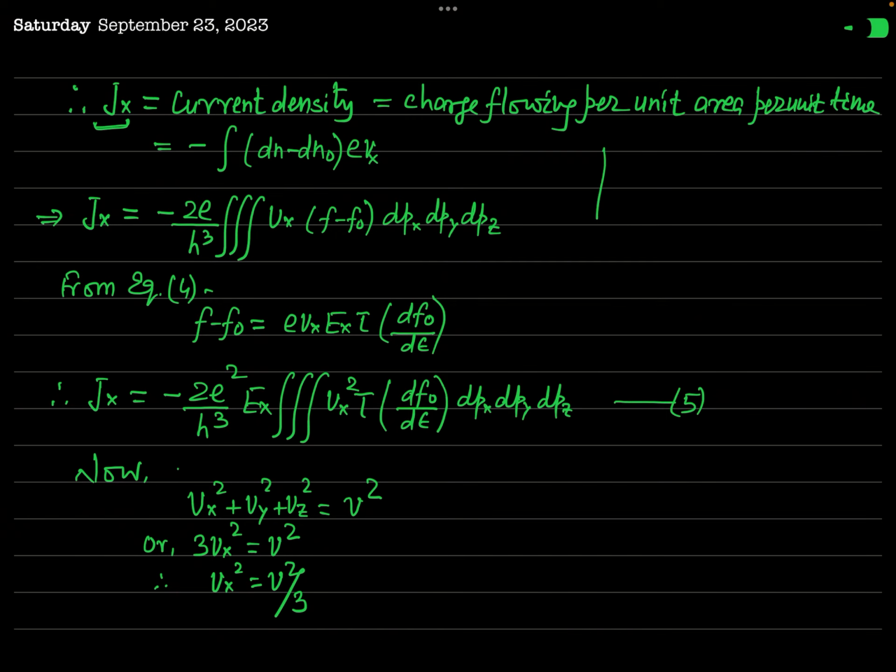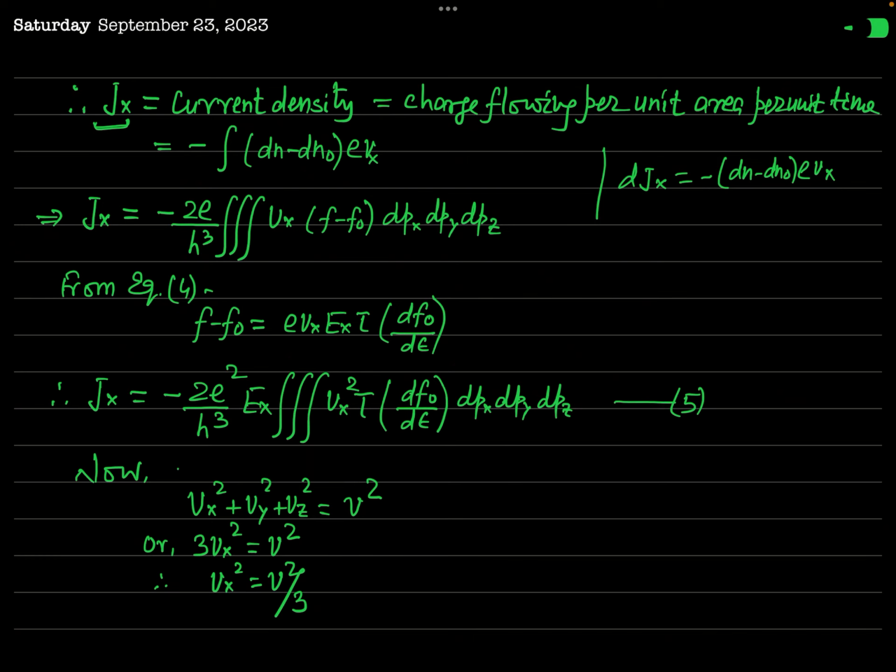First of all, let us try to find dJx. What will this dJx be? As I have told you earlier, this is given as minus e times dn minus dn0, which gives the net number of conduction electrons flowing through unit volume, times the velocity Vx.